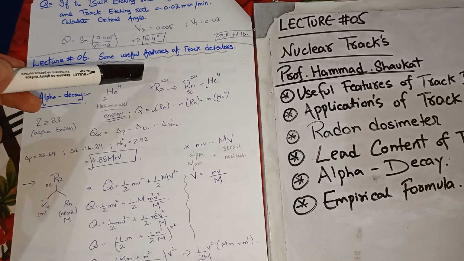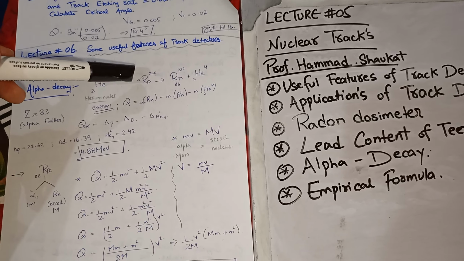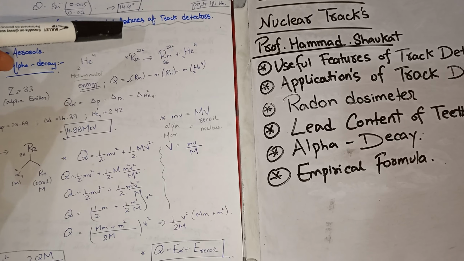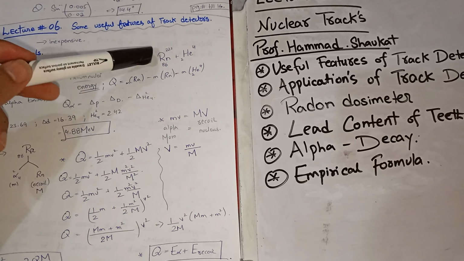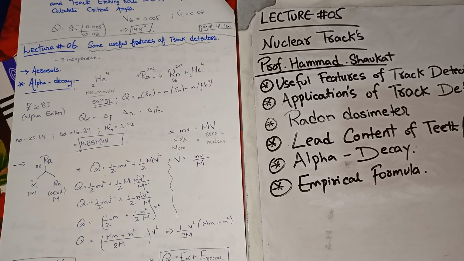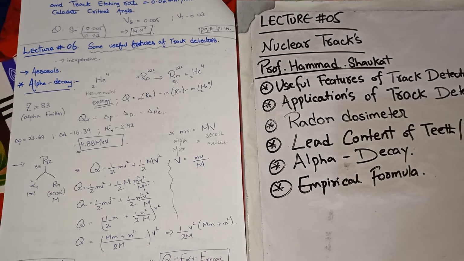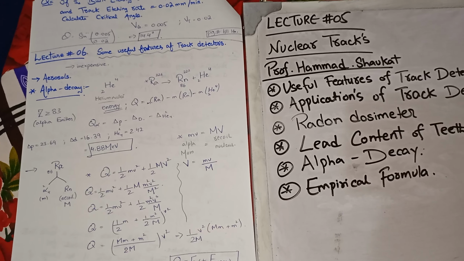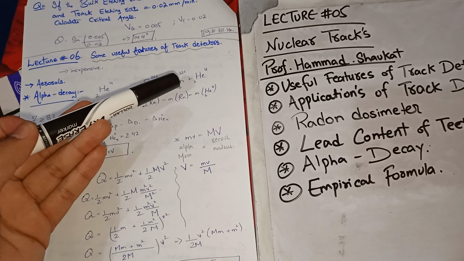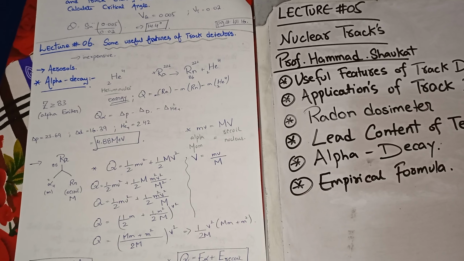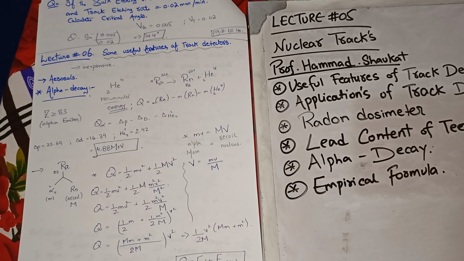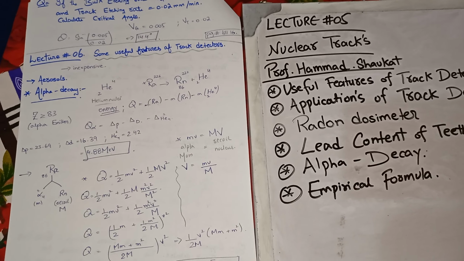Another alpha emitter is radon, as I told you. Radon 88, 226 decays into radium 86, 222, with helium. So this is radon decaying into radium and helium.